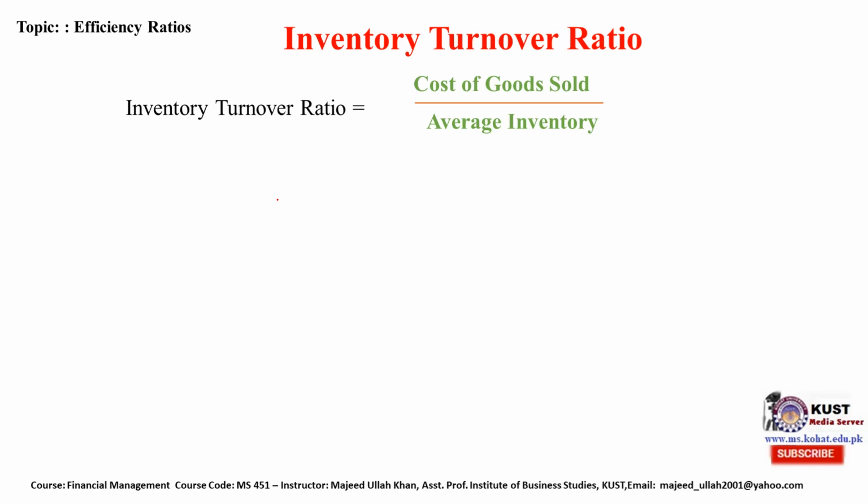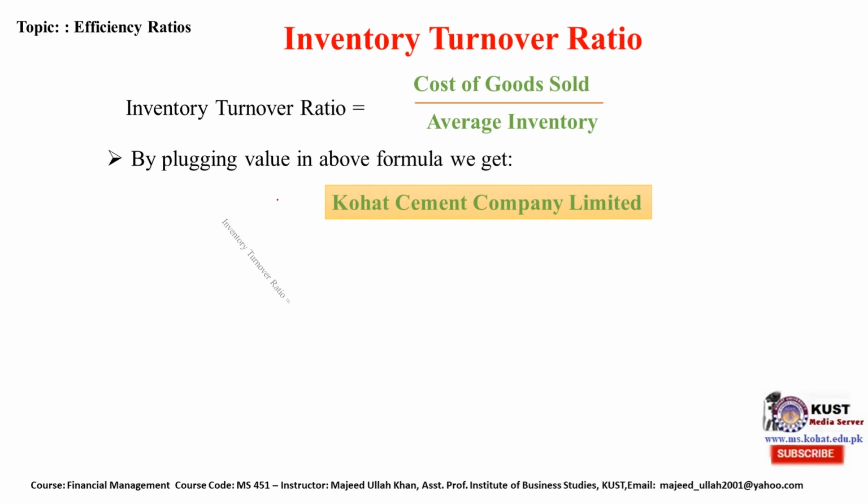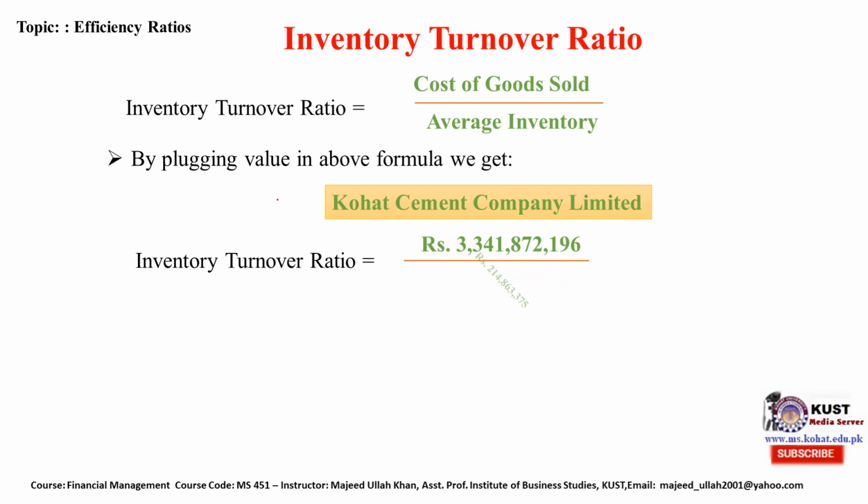Average inventory is the inventory of the two years divided by 2. Plugging values into the formula for KUST Cement Company Limited, cost of goods sold from the income statement divided by average inventory is calculated.